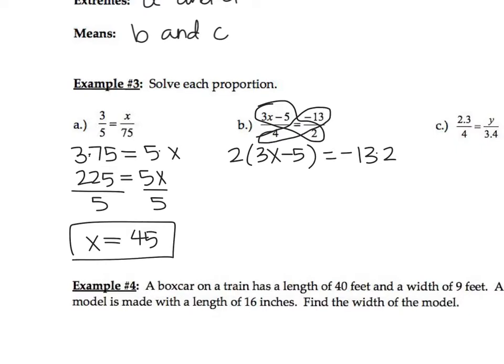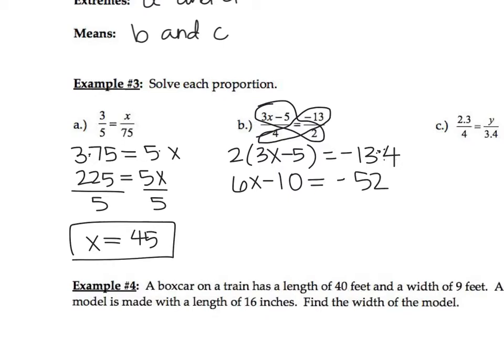So in this example, we have to distribute the 2 into the parentheses. So we end up with 6x minus 10 equals, and then negative 13 times, not 2, that should say 4. Sorry, not 13 times 2, it should say 13 times 4. So negative 13 times 4, which is negative 52.